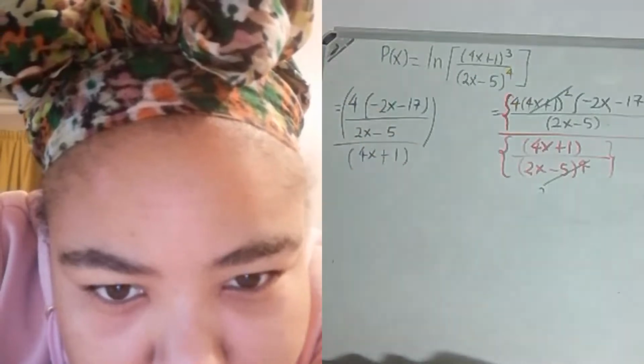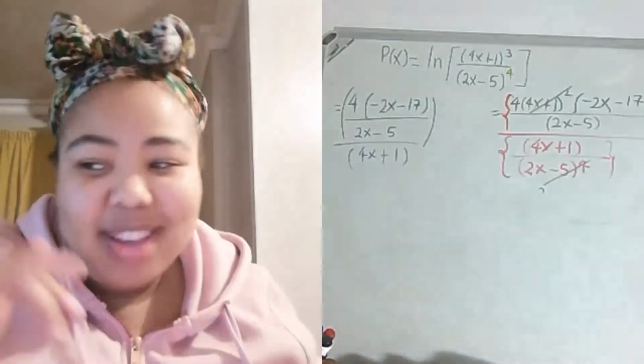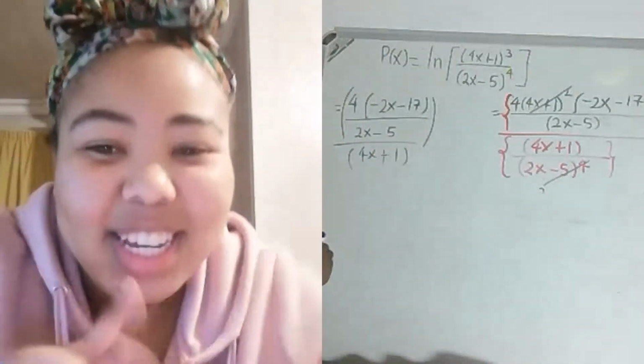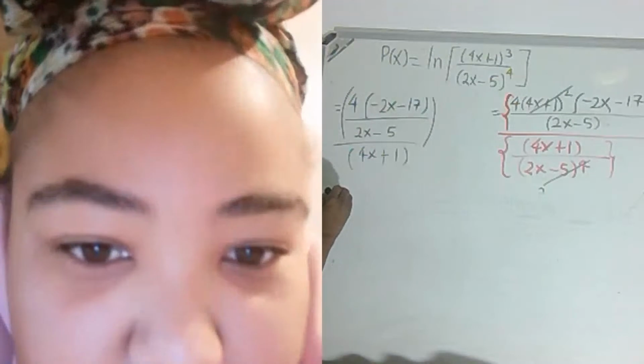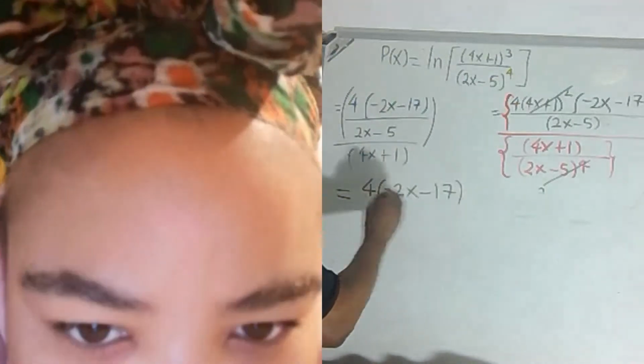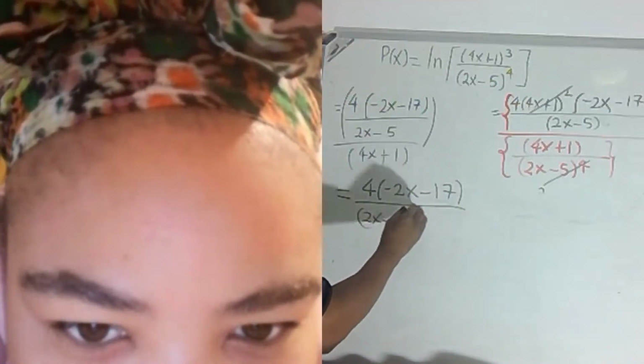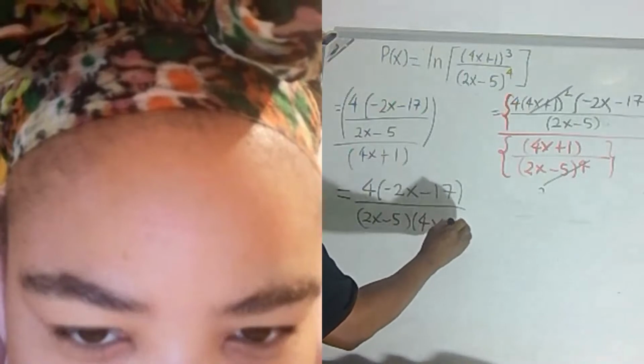Where is it gonna go? It's gonna go to your B. So your C is gonna join your B. It's gonna be 4 times (negative 2x minus 17 over 2x minus 5) bracket, over x plus 1.